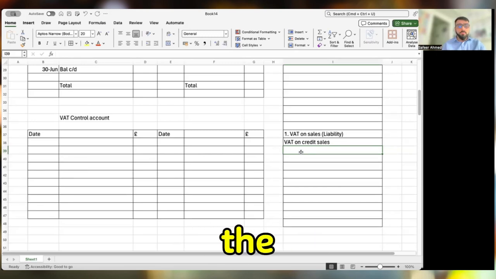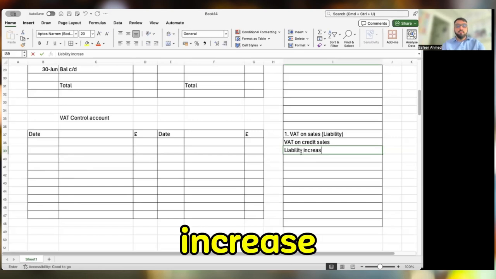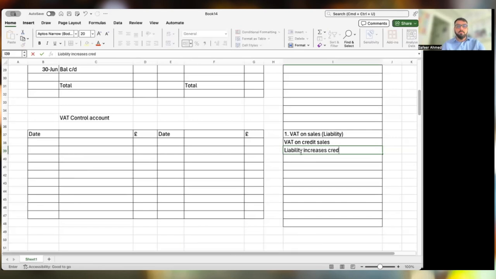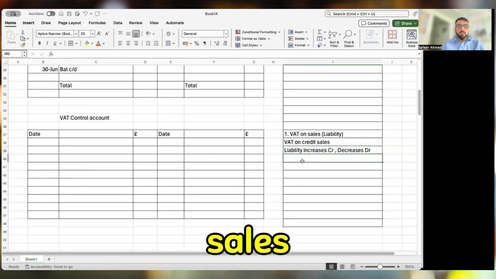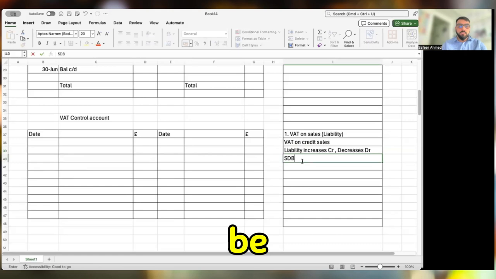And as you know, the rule in relation to liability: liability increases is credit, decreases is debit. So in relation to the VAT on sales, you will be taking it from the sales day book, which is in relation to the credit sales. This will go on the credit side here.